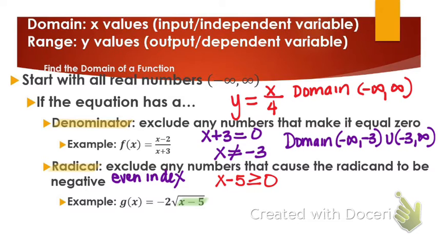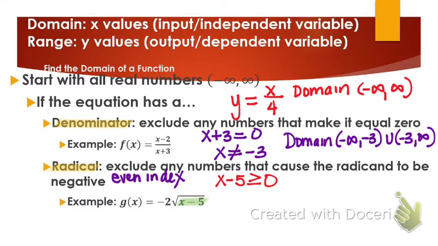Notice that for a square root, it can equal 0, because you can take the square root of 0. You just can't divide by 0. So this will have a bracket, because 0 is allowed, but you can't go less than 0. If you try to take the square root of negative 1, it's going to say imaginary. You cannot take the square root of a negative.